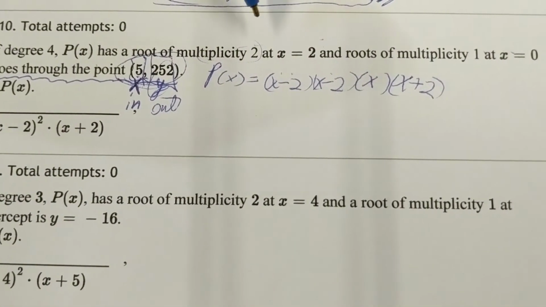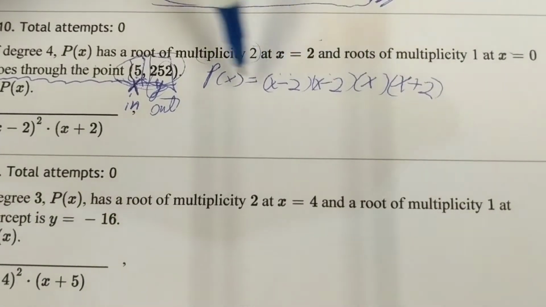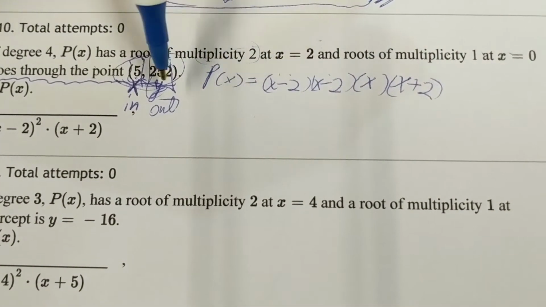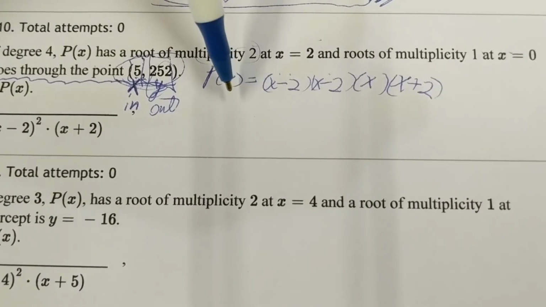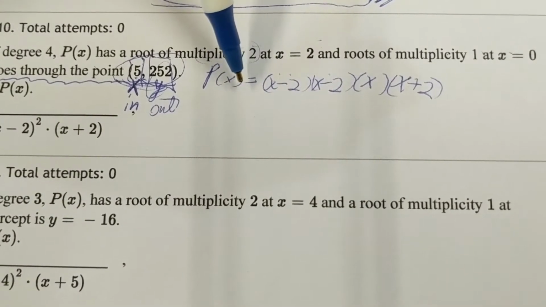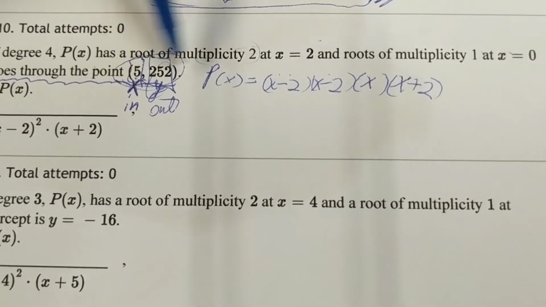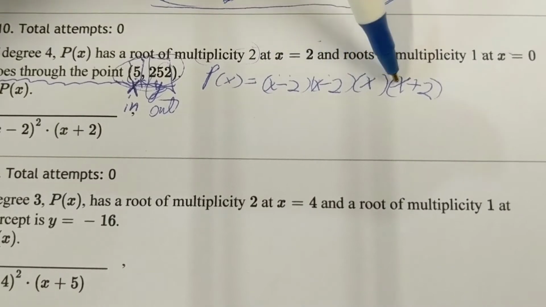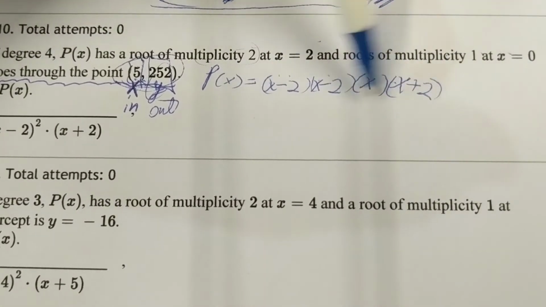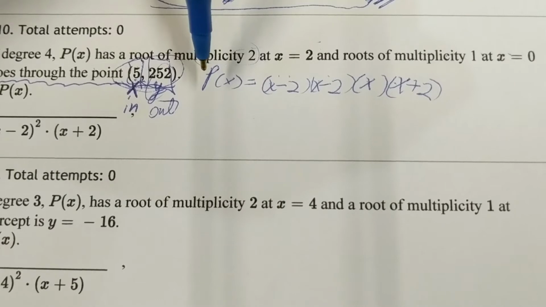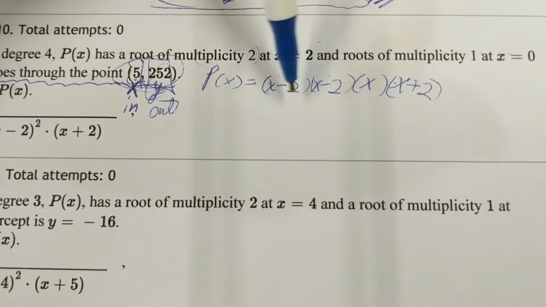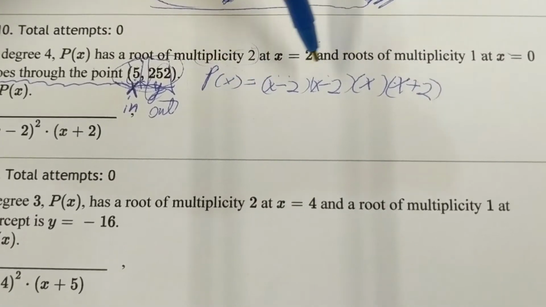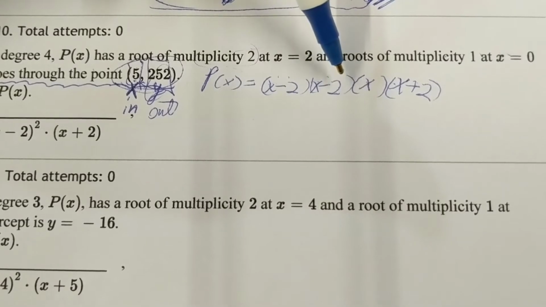So what we could suggest here is then, if we have our function just right now, and if we didn't need to do anything extra to it to make it match up, then we would have this reality that if I plug in a 5 everywhere I see an x here, then the answer should be 252. And if when I plug in 5, the answer is not 252, then we'll have to adjust somehow.